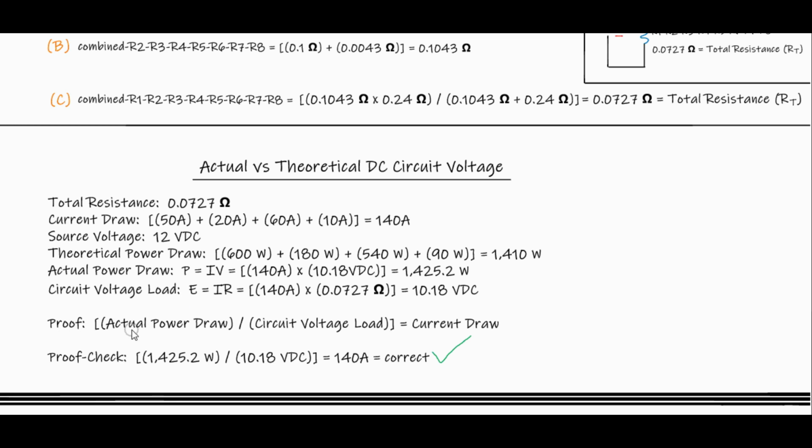So our proof here is actual power draw 1425.2 watts divided by circuit voltage load 10.18 volts DC will equal the current draw involved, 140 amps. So if we check it, 1,425.2 watts divided by 10.18 volts DC equals 140 amps. So that is correct.